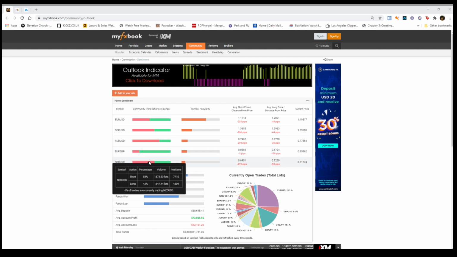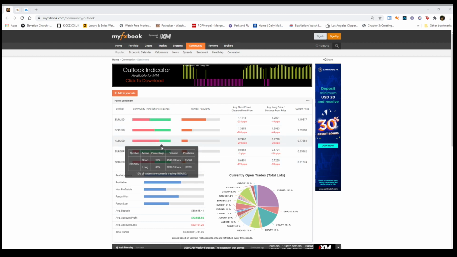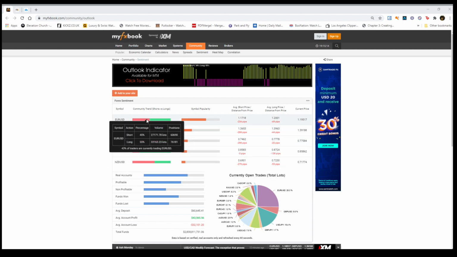And the DXY at the same time ended up with more sellers. So it's not really clear at the moment where these pairs are gonna go. So be very careful and make sure to take note of your reasons for why you entered the trade.